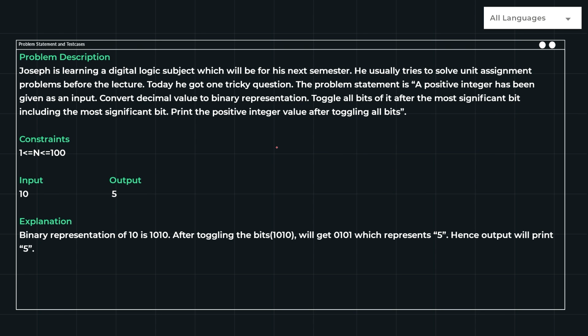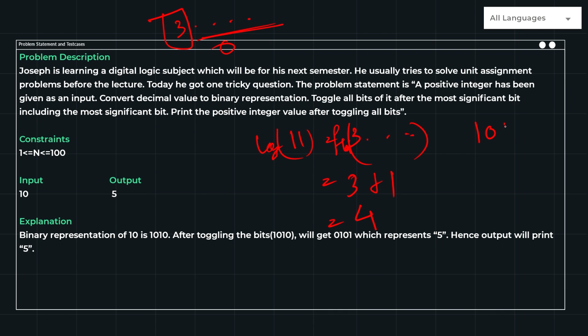Let's say you need to do it with 11, log of 11. Now we know log of 11 will be something 3 point something. So if you take the floor value of it, it will just take 3. Like if you take the floor value, everything after the point gets 0, and it takes this number only. Now you add 1 to it, and it will be 4, and the binary version of 11 is 1011.